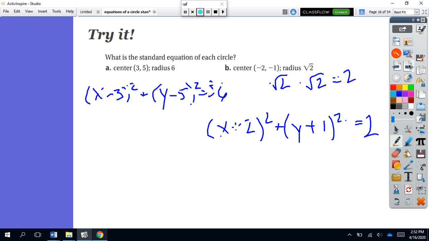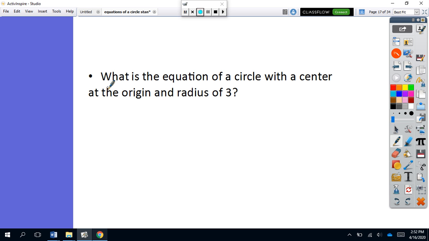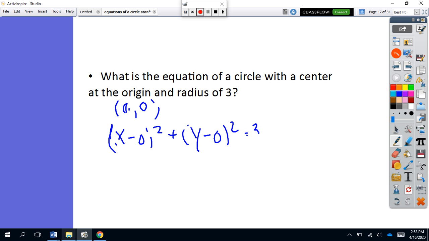And then the third one, the equation of a circle with a center at the origin and a radius of 3. If you didn't already try it, stop the video and try it. If I say the center is at the origin, we know that is (0, 0). So I could write (x minus 0) squared plus (y minus 0) squared equals 3 squared.